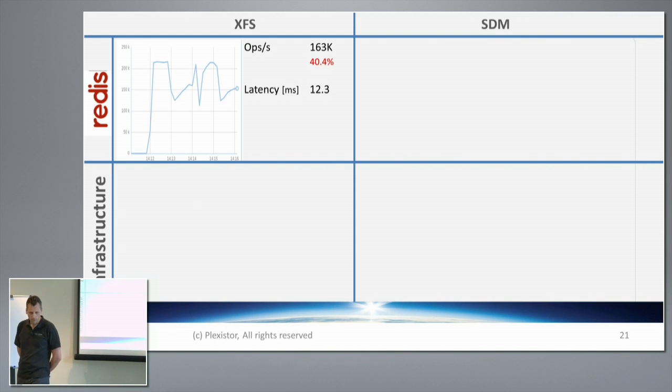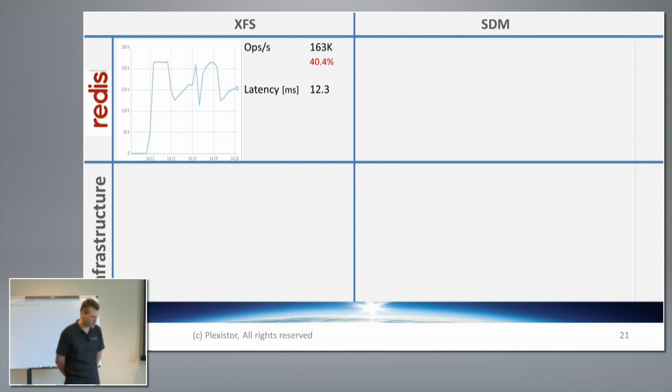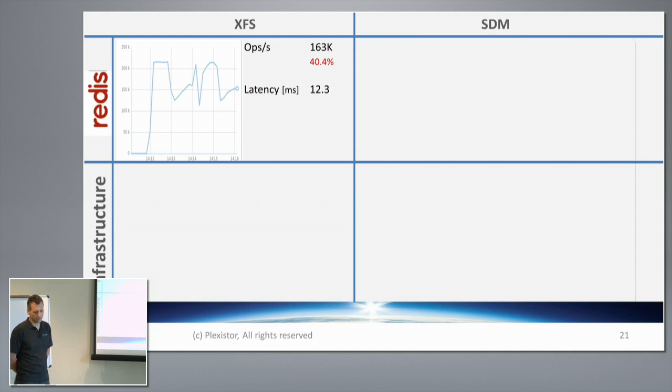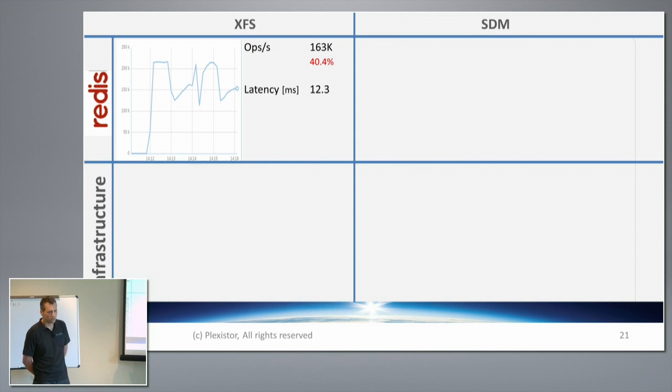Another misconception: most of the middleware, like HDFS, like Redis, like Couchbase, like many others, are not built on top of thin air. They're basically built on top of a local file system. So that's why we use XFS and SDM as a comparison point underneath. And the integration with those middlewares is really easy. I mean, you just change the mount point.